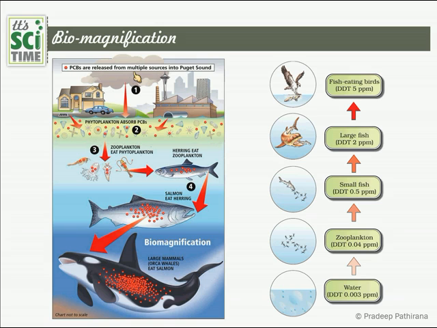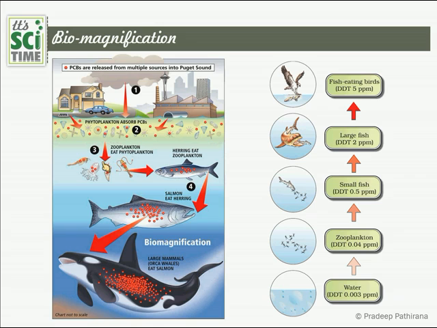Biomagnification: some chemicals, especially persistent chemicals like POPs or heavy metals, can accumulate in organism bodies. When it accumulates in phytoplankton and small diatoms, it will be a small amount.